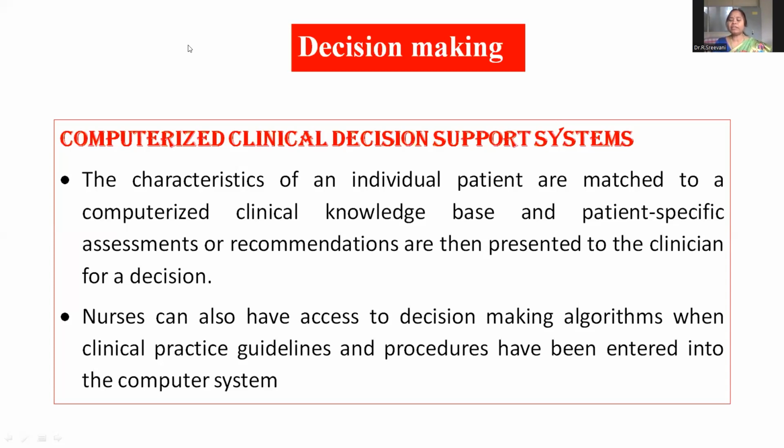Once you enter them, it will provide a baseline for the patient's condition, then it will list out all the interventions the nurse can take. The decisions can be given in the form of a list or guidelines. The nurse can choose a particular guideline and implement it for the patient's condition.